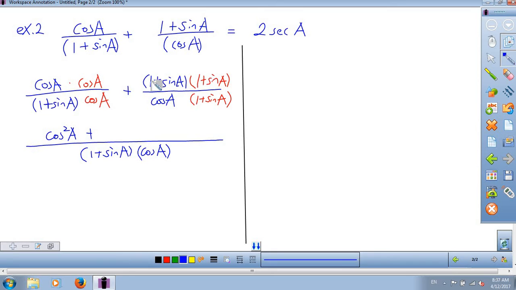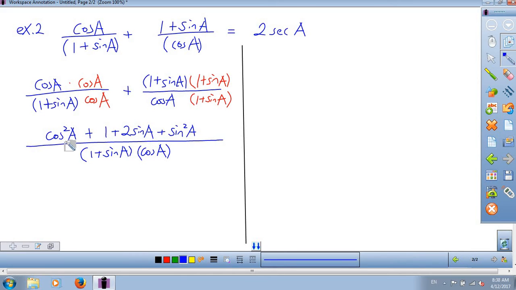So it becomes 1 plus 2 sine A plus sine squared A. If you distribute, 1 times 1 is 1, 1 times sine A and sine A times 1 give 2 sine A, and sine A times sine A is sine squared A. So that's how you get that. You can go ahead and check to make sure you understand how this comes about.